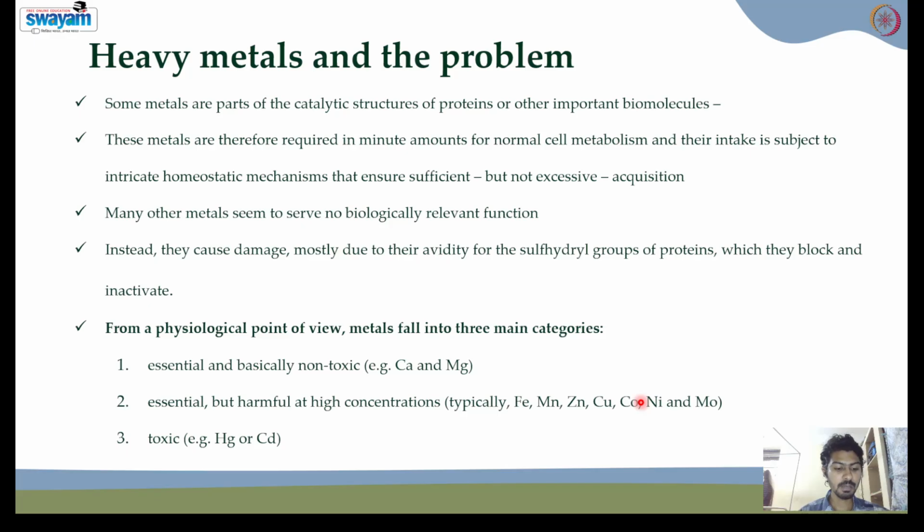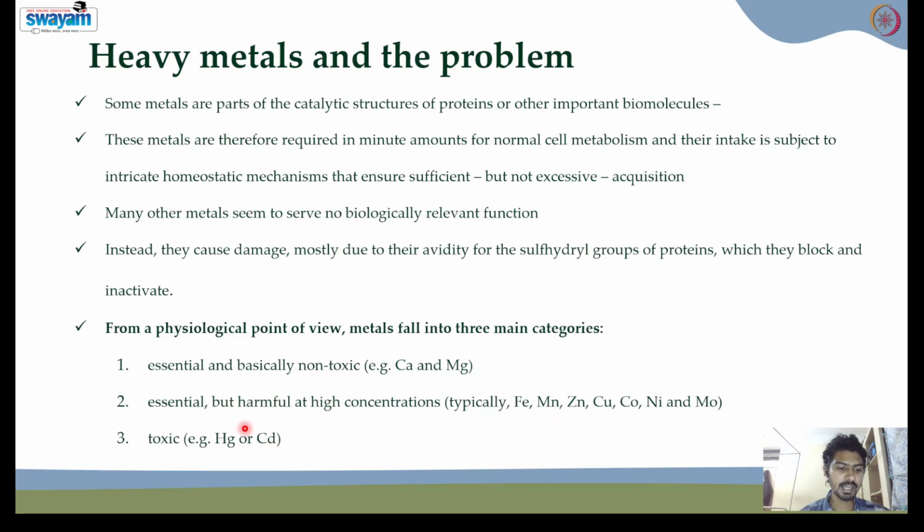These metals are essential, but dangerous at a very high amount. They are required in tiny quantity because they act at the active site and catalyze these chemical reactions. So balancing is very important in the case of the second category.